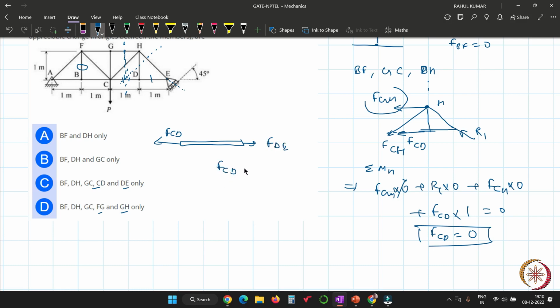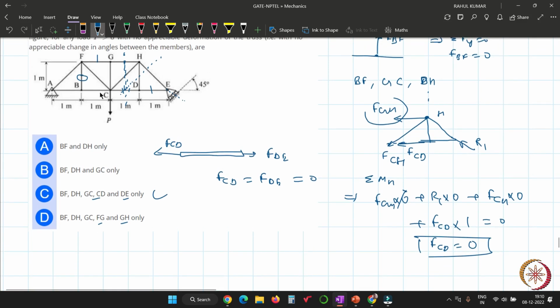So FCD is equal to FDE, and FCD is equal to 0, so FDE is equal to 0. But now you have to check FG and GH also. So where is FG? FG here and FGH.